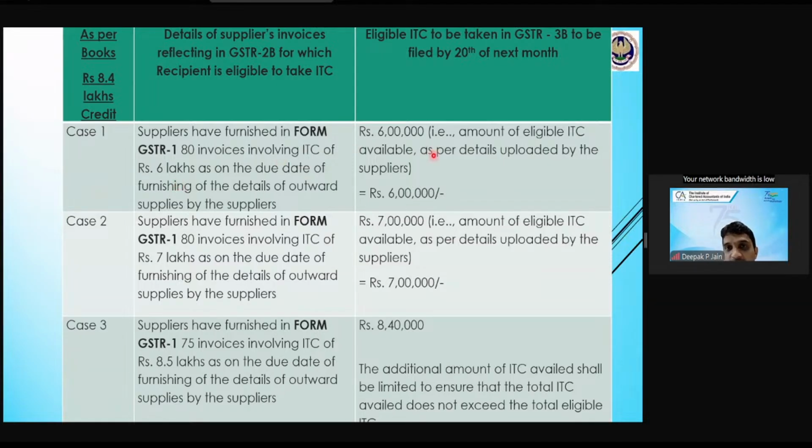You can claim to the extent of 6 lakh rupees. Correct? Second scenario, 80 invoices involving ITC of 7 lakh rupees.